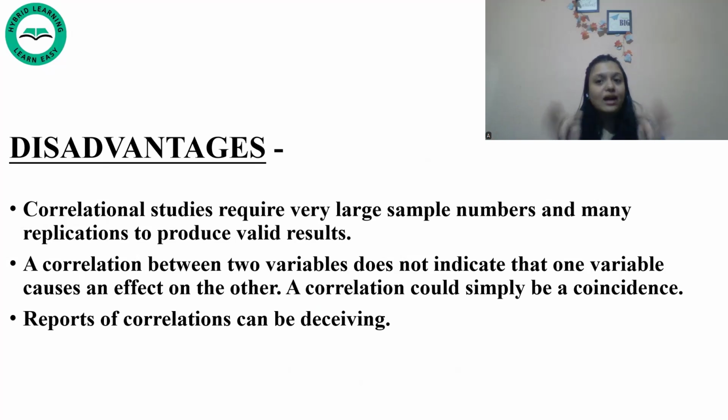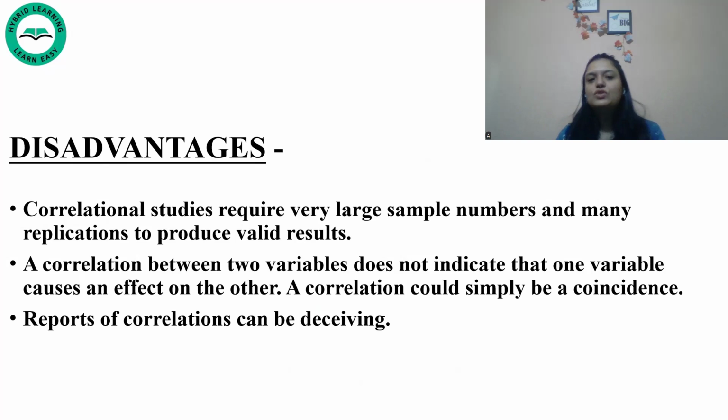We don't have a direct answer to what we are studying. They can be merely a coincidence, like the number of births and the number of earthquakes. So that's again a disadvantage in this case.